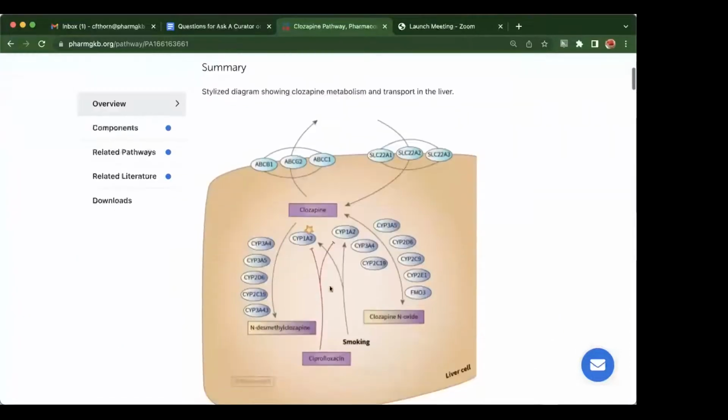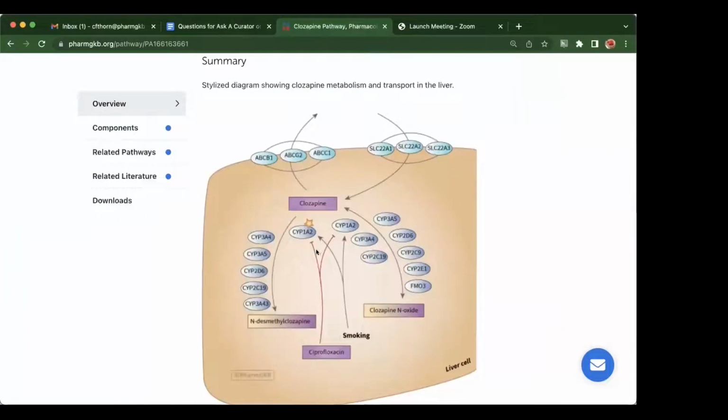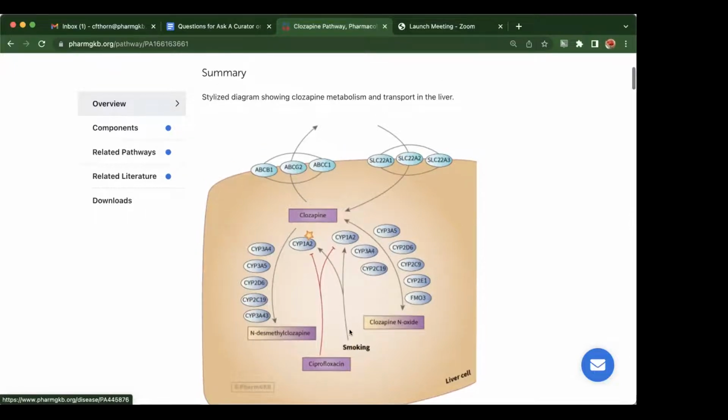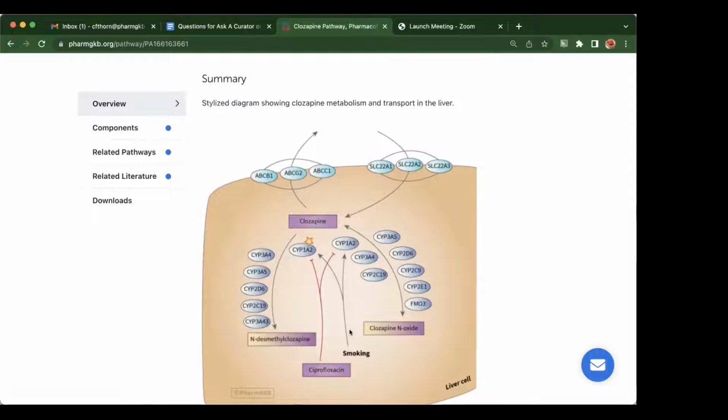Something where you've got a key CYP enzyme that's responsible for the metabolism of the drug, strong inhibitors that can act on that, and also inducers that can act on that system.